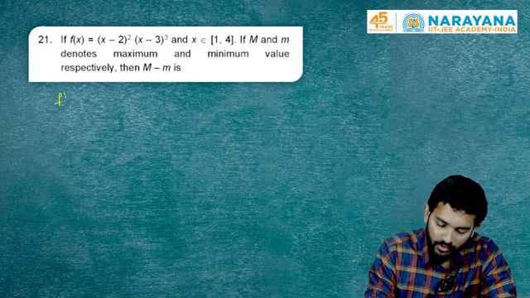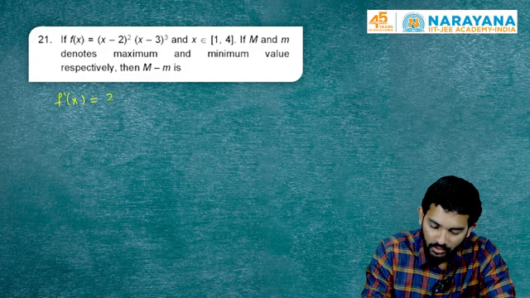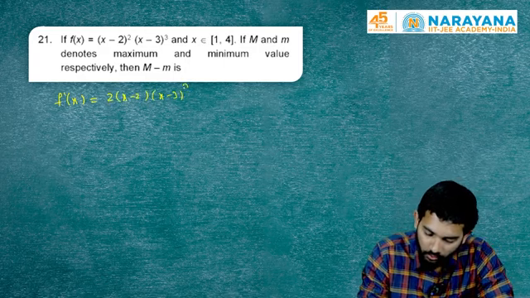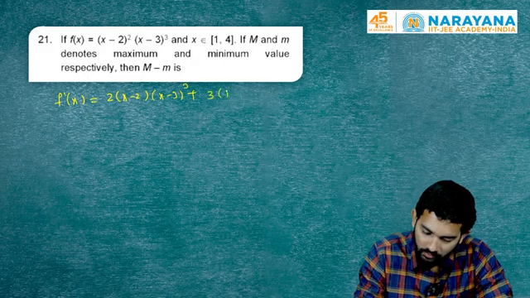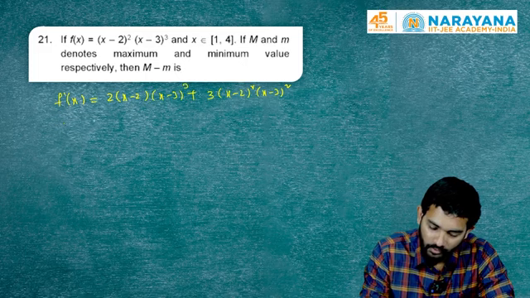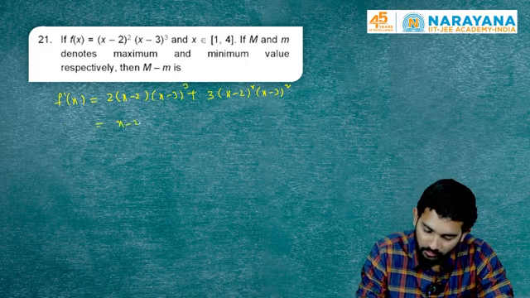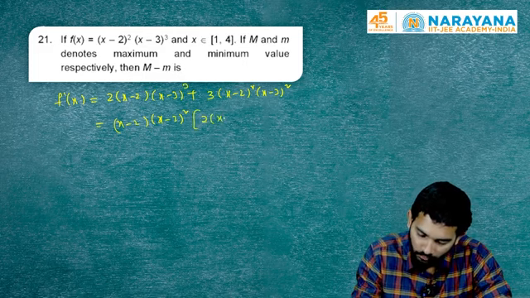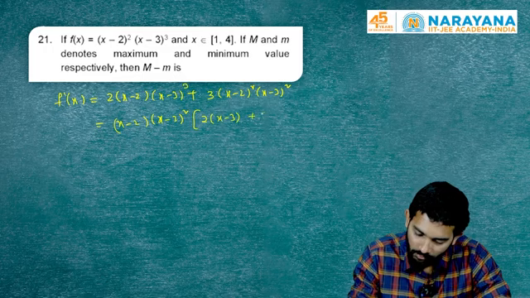If I differentiate f of x, I get 2 times (x minus 2) into (x minus 3) whole cube plus 3 times (x minus 2) whole square into (x minus 3) whole square. Taking (x minus 2) into (x minus 3) whole square common, what is left is 2 times (x minus 3) plus 3 times (x minus 2).